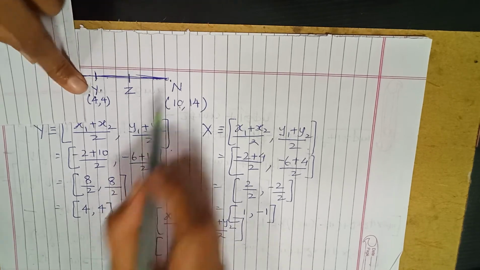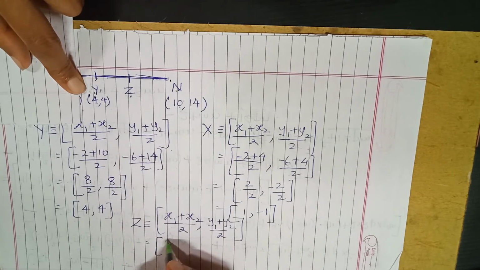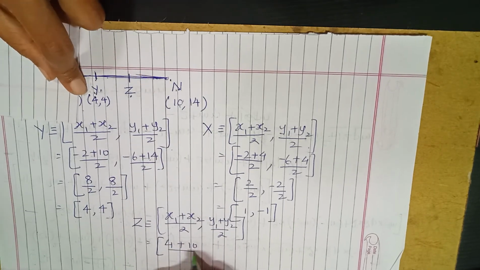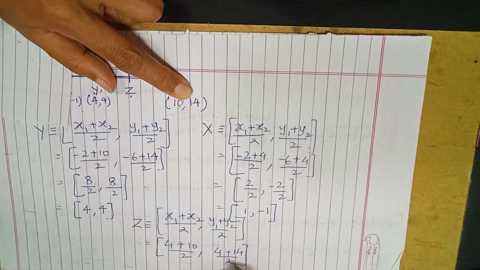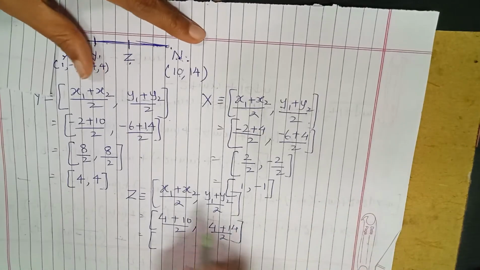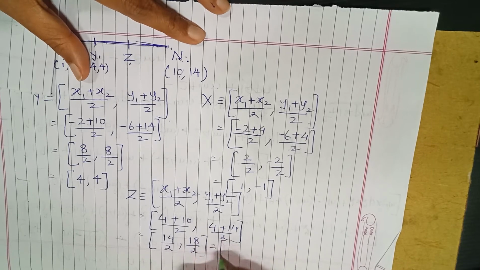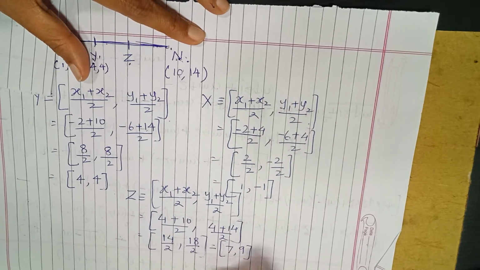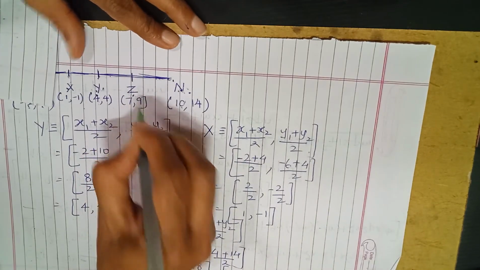So now I will be using Y and N because Z is the midpoint of YN. So (4 + 10)/2 and (4 + 14)/2. So what I get is 4 plus 10 is 14, 14/2, and 14 plus 4 is 18/2. So the answer that I get is (7, 9). So now I got my Z also as (7, 9).